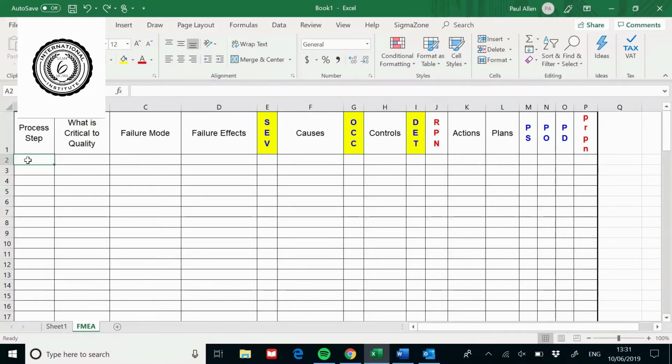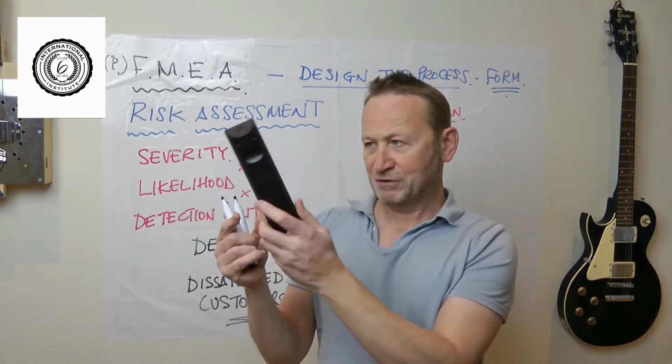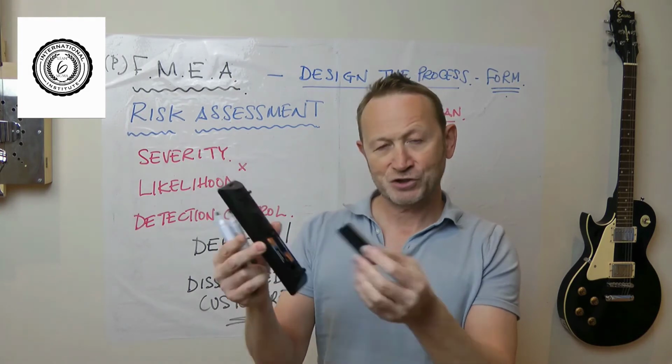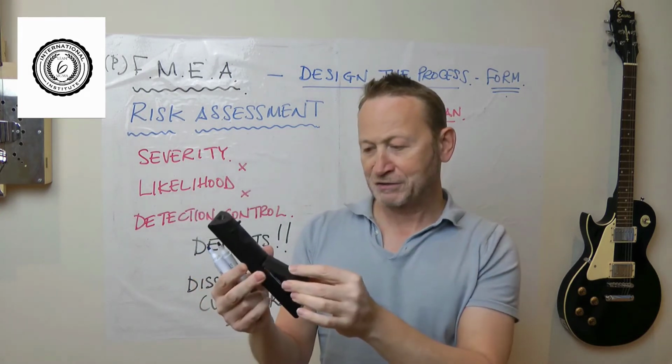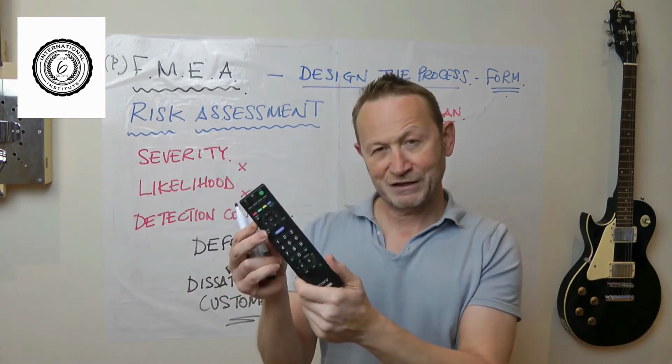All right, so let me just show you a product that maybe we're going to use as a little example. So here's the product that we're going to use as our little FMEA example. Imagine you're setting up a production line to make a remote control for a television.